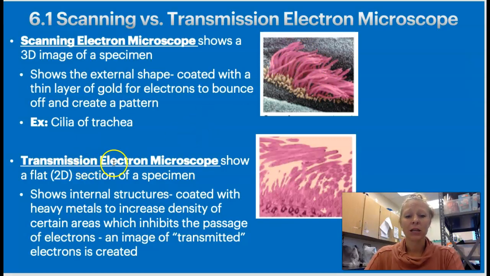The transmission electron microscope is different in that it's going to show us what's on the inside. The scanning electron microscope shows us the shape, whereas the transmission electron microscope is going to show us what's on the inside.